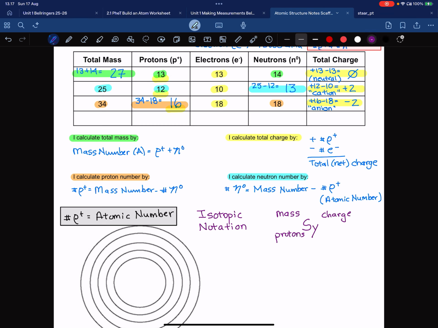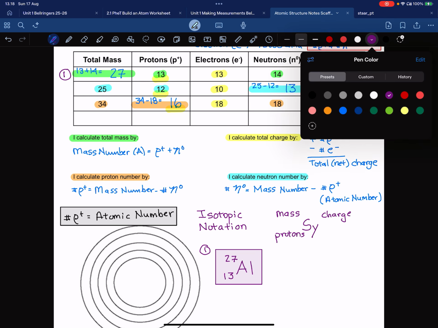So I'm going to write the symbol Al. The mass for this one was 27, so I will put a 27 right there. The protons was 13, so I'm going to put a 13 right there. The charge was 0, so I'm going to leave that blank. That is the isotopic notation for the first one. And I'm going to put this purple number 1 right there to show that's the one I'm looking at.